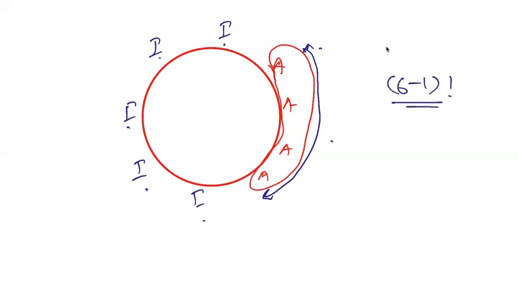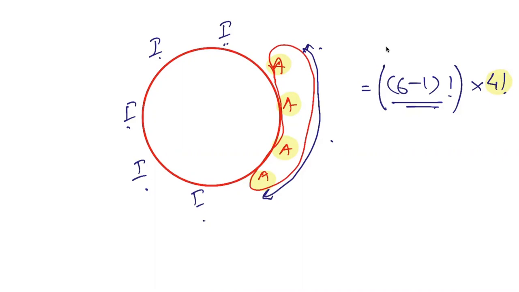So arranging 5 Indians and the 4 Australians, all together. But these 4 Australians can arrange themselves in factorial 4 ways. If I have used one circular arrangement, then next time these 4 will go for only factorial 4 ways. So the first arrangement is for the circular one, but second, they can interchange themselves in factorial 4 ways.